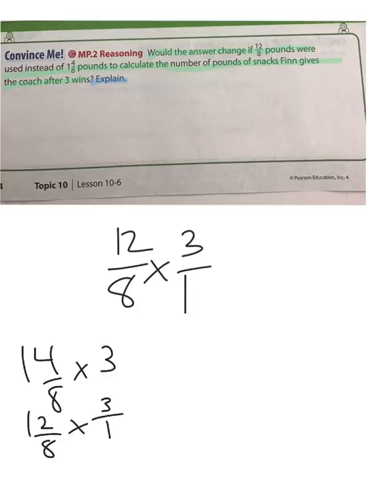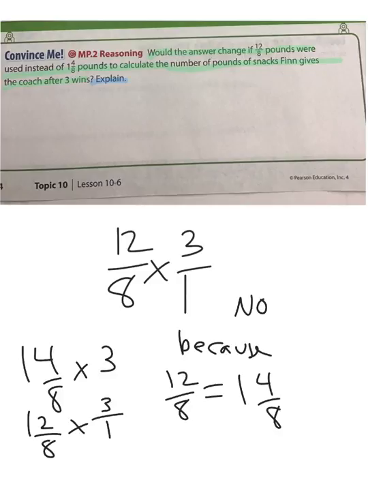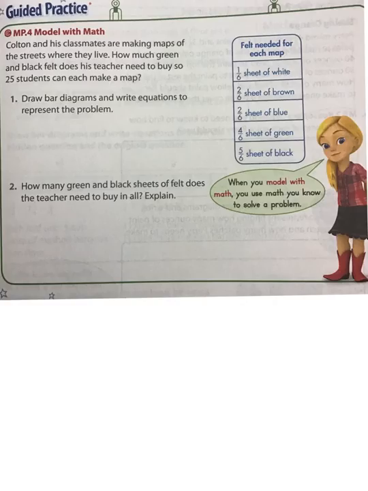So that's exactly what we did. So no, it would not change, because 12/8 equals 1 4/8. Therefore, you would get the same answer. We're just a little ahead of what they're already trying to teach us.